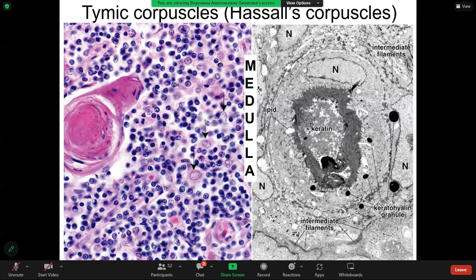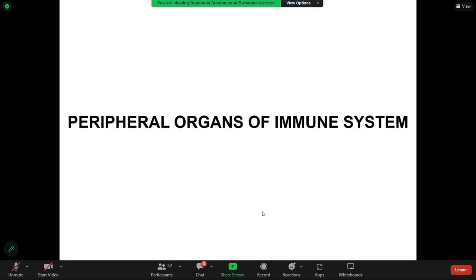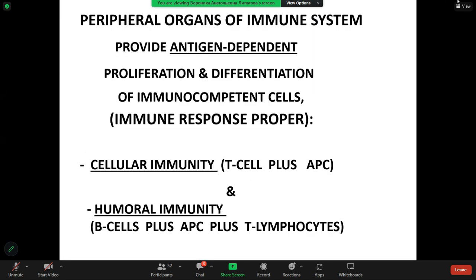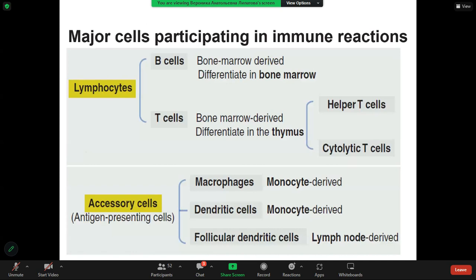In the medulla. Yes. About peripheral organs: peripheral organs provide antigen-dependent proliferation and differentiation, or immune response. There are two kinds of immunity: cellular immunity by T cell plus antigen presenting cell, and humoral immunity, B cells plus antigen plus T lymphocyte.